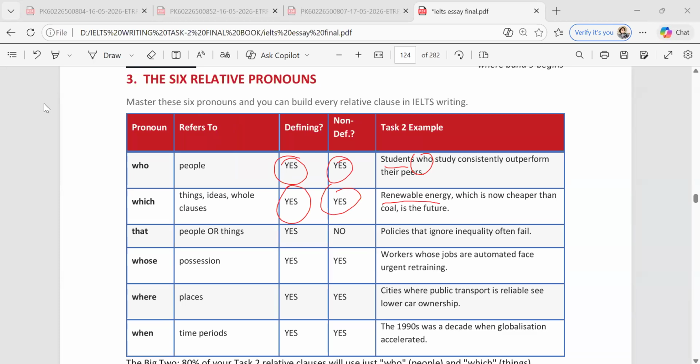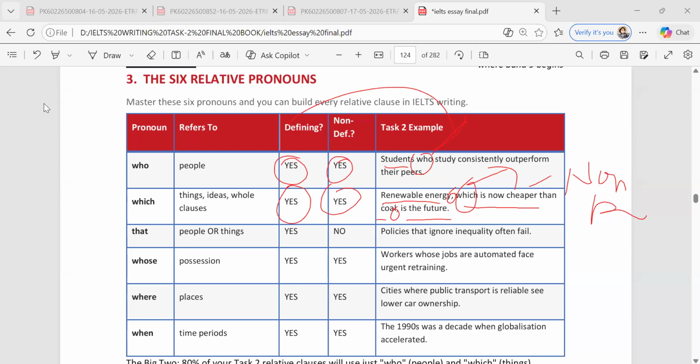Renewable energy, which is now cheaper than coal, is the future. Now, can you see this is non-defining? Why? Because we have put commas before and after this, and I have used a relative pronoun here. So this is what we call a non-defining relative clause. And the first one, we don't have commas, so this is called a defining relative clause.